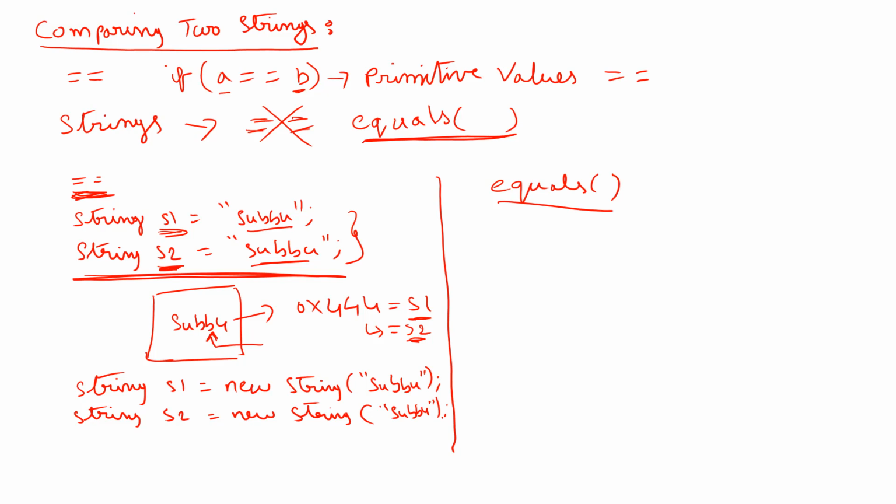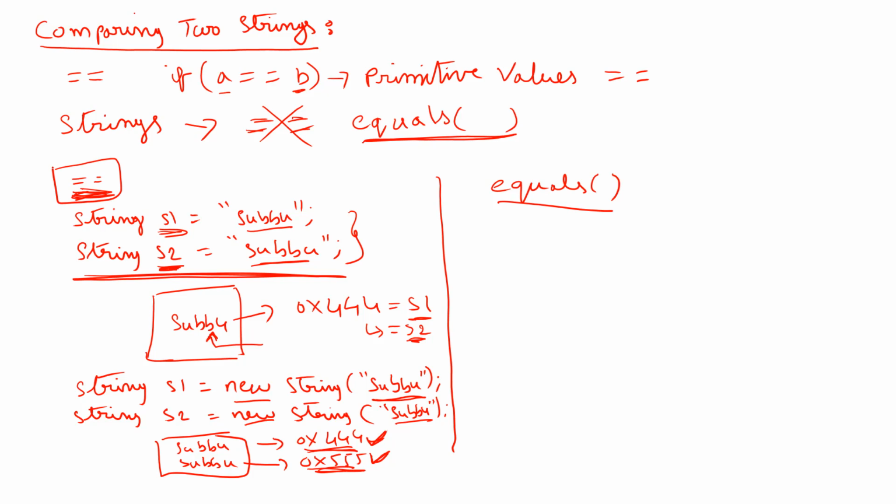In this case, since I am using the new keyword, it will create two reference points. It won't use the existing reference point. Let's say the reference point is 0x444, and for this one the reference point will be 0x555. So in this case the reference points are different. In this case, the double equals to method, since it compares the reference points, even though the string values are same, it says that the values are different.